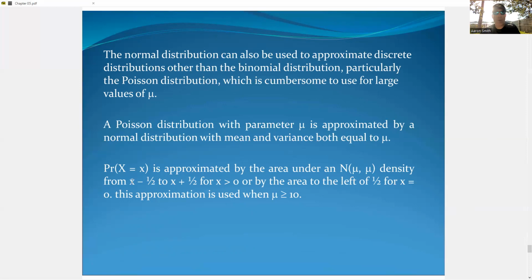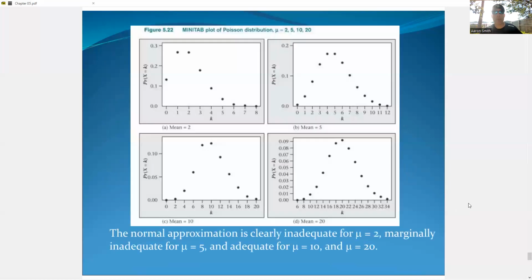And once again, we have to do that plus and minus a half to compensate for the fact that we're approximating a discrete random variable with a continuous random variable. And so here we can just see that with a Poisson distribution with a larger mean, we get a better approximation with the bell curve. Here, this does not look like a bell curve. Here, it looks more like one.